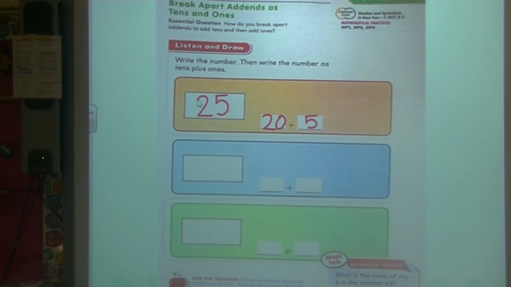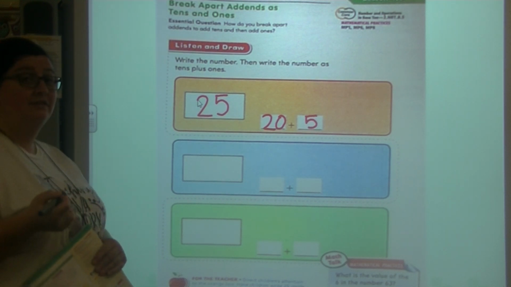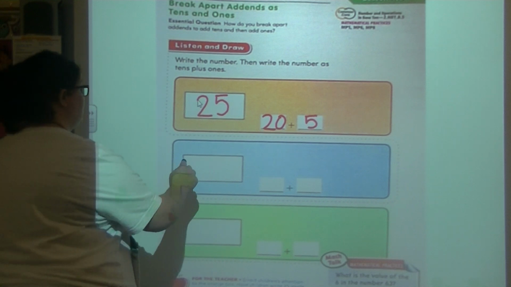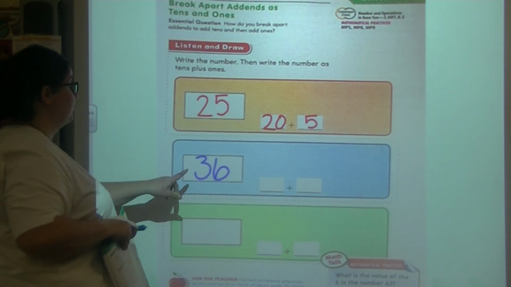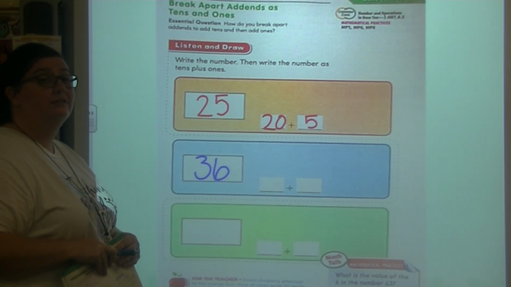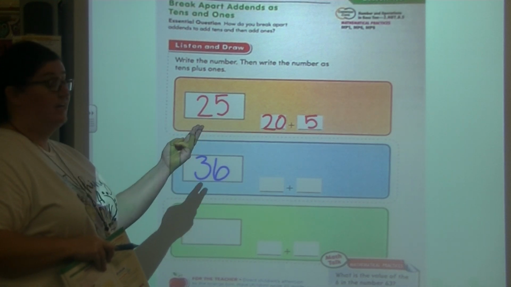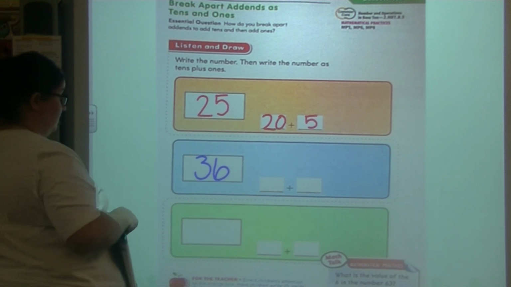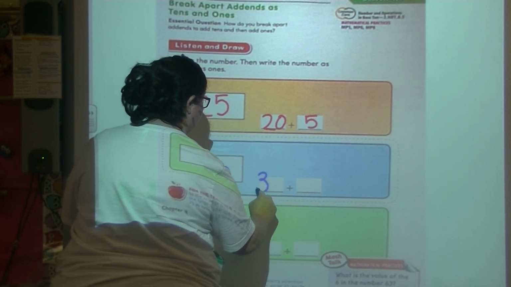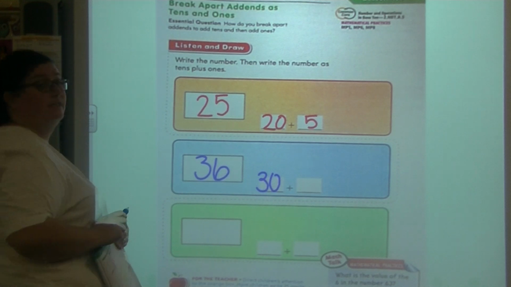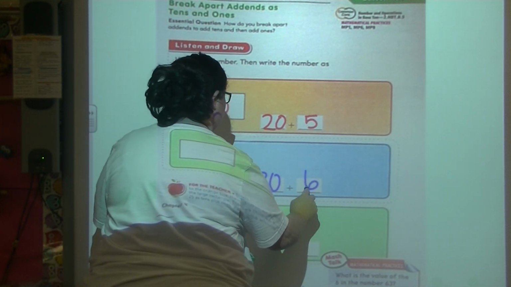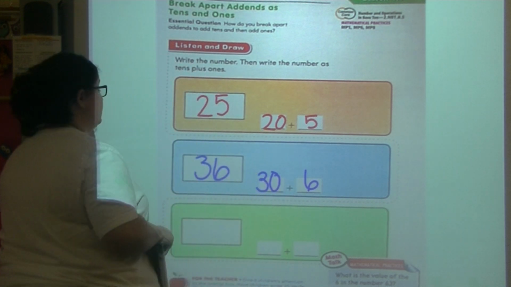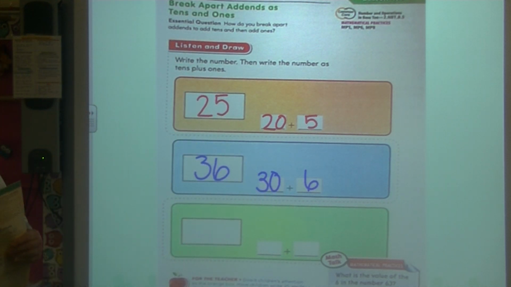All right, 36. How many tens and how many ones? 3 tens and 6 ones. 3 tens equals 30. 10, 20, 30. Plus 6 ones equals 6. 30 plus 6 is 36.